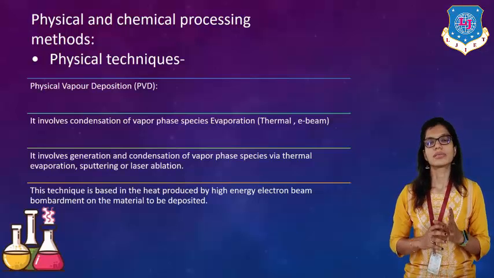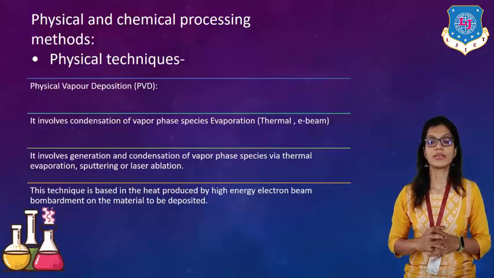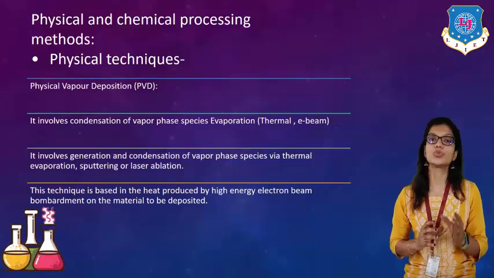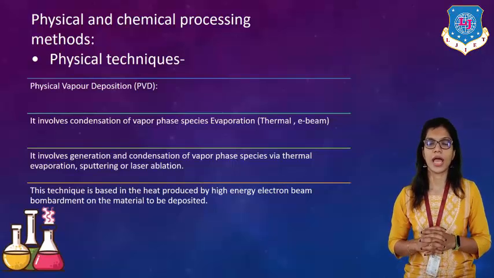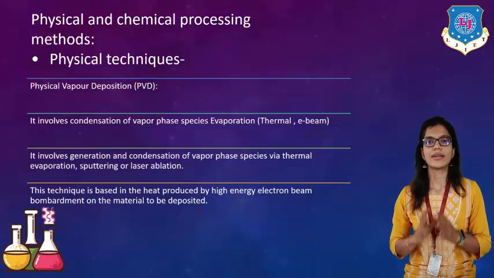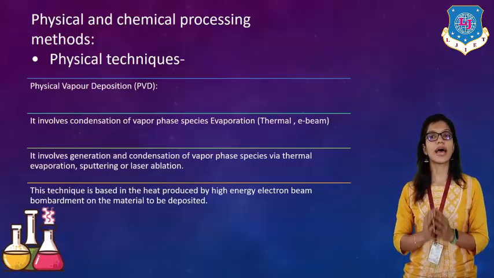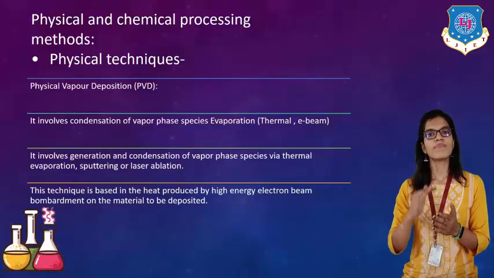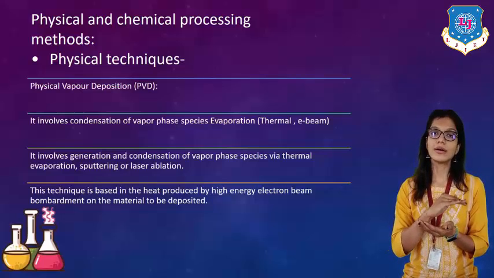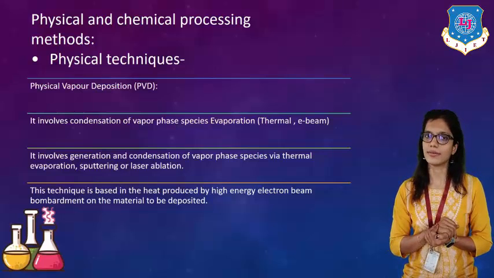This technique is based on the heat produced by high energy electron beam bombardment on the material to be deposited. We need to understand that this is the whole phenomenon, and after that, it is basically a deposition of the material.